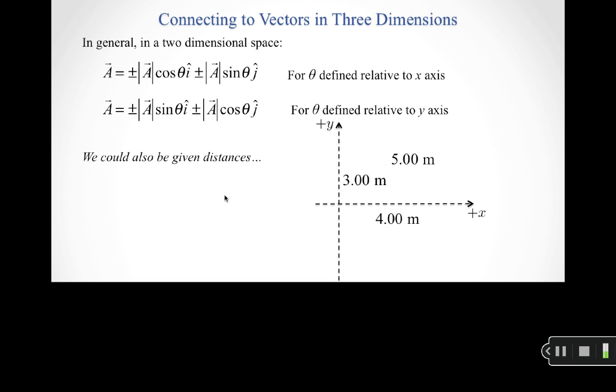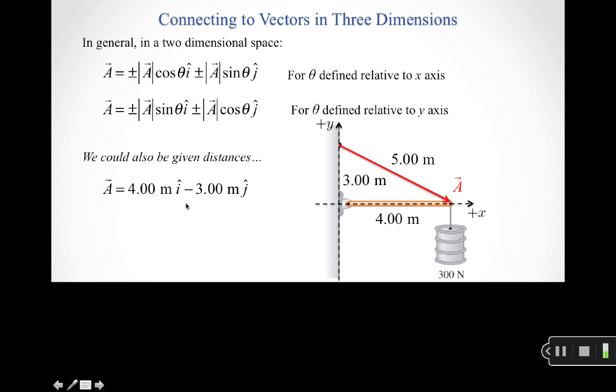Now, we could also be given distances in the problem. So instead of being given a magnitude and an angle, what I could be told is that the cable comes down 3 meters and over 4 meters. Then we could calculate A in terms of those distances, so we don't need to worry about magnitude times angle.